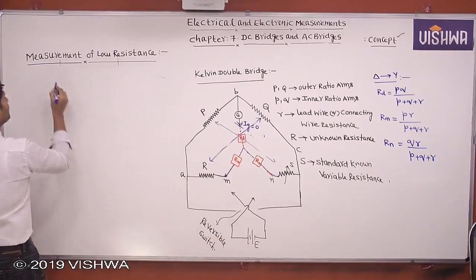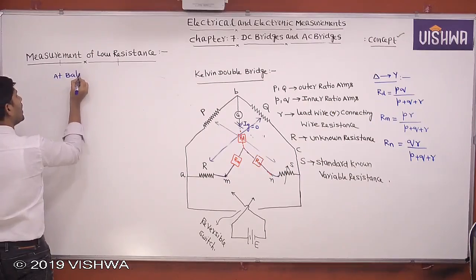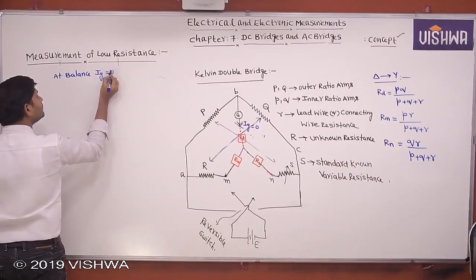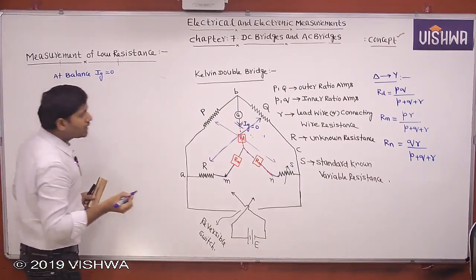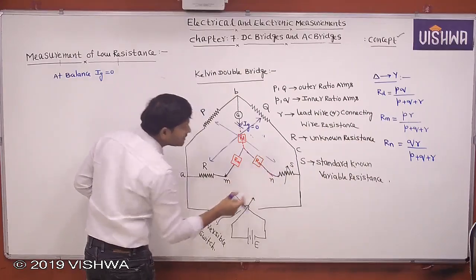Then at balance, the current through the galvanometer is 0. Then product of opposite resistance means P into these two in series, S plus Rn.